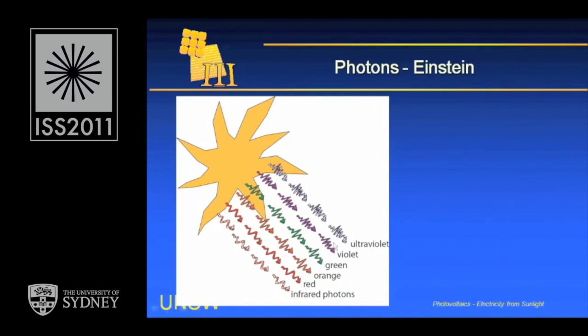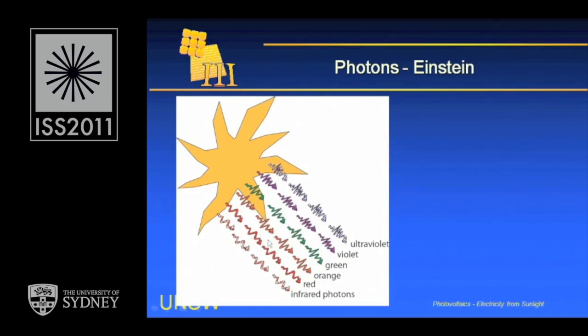So the energy of a violet photon, as these packets are now known, is about twice that of a red photon. Beyond the violet, there are ultraviolet photons that have even more energy. These are the ones that give you sunburn: a lot of energy in each packet, doing a lot of damage. And down at the infrared end of the spectrum, you have infrared photons.